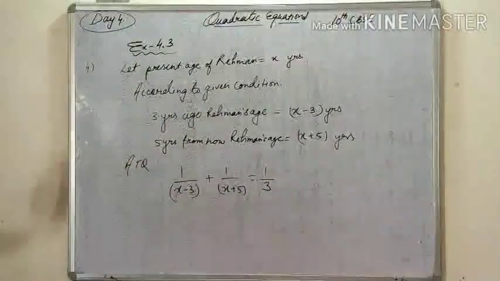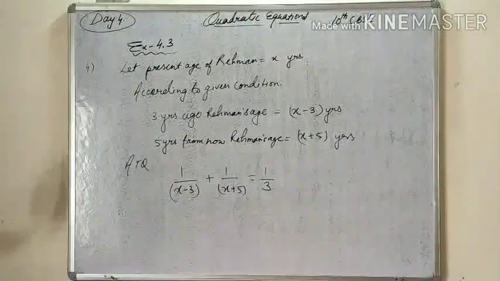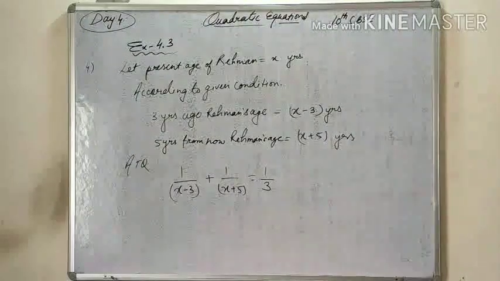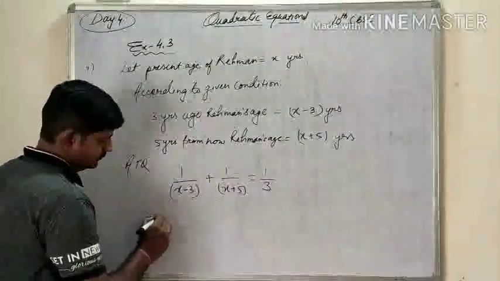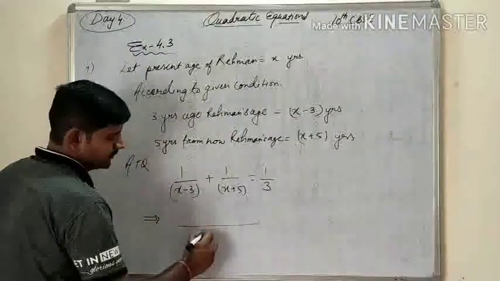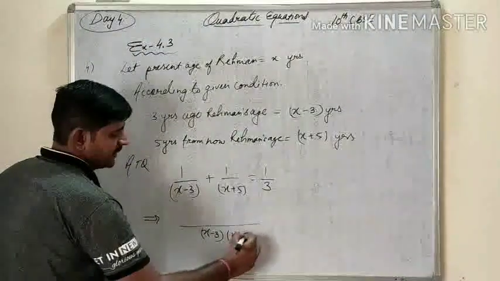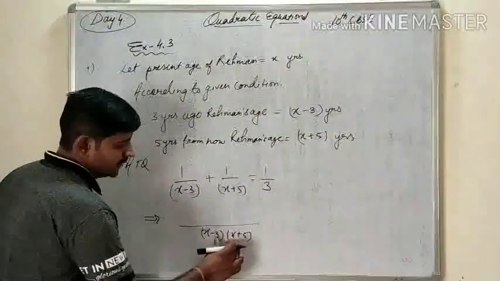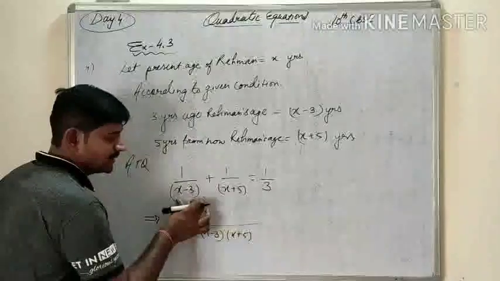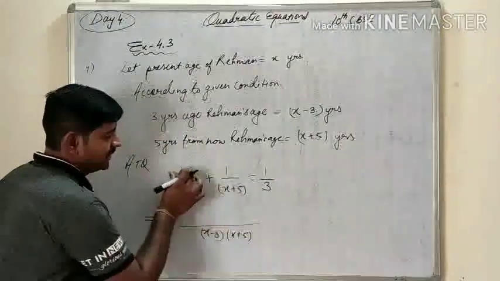Now we will solve this question by the same process which we did in the previous question. Let's take LCM. Its LCM is x minus 3 times x plus 5. Dividing by x minus 3, we get x plus 5, multiplied by 1.